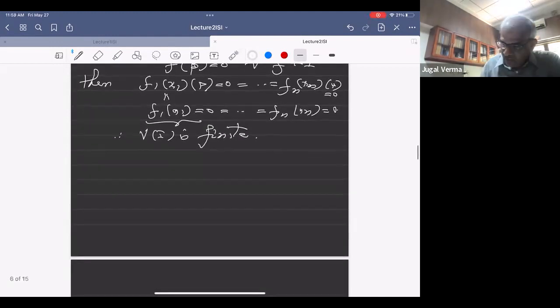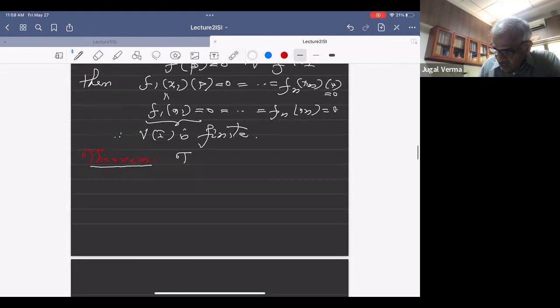Okay, so this is what we have proved. This is the theorem that we have proved for finiteness. And remember, we have used Nullstellensatz. The strong Nullstellensatz was used to characterize when Vi is finite. So the following are equivalent.